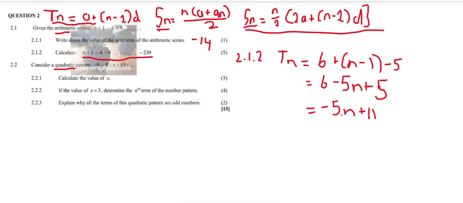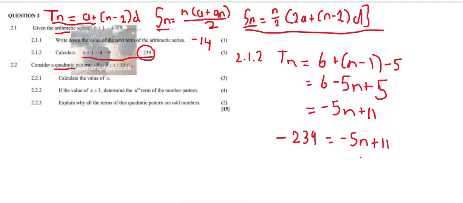Now, since we have established this is our rule, remember that if they give you this last number like this, that means that the sequence is stopping at negative 239. So to find the number of terms, we have to say negative 239 equals negative 5n plus 11.